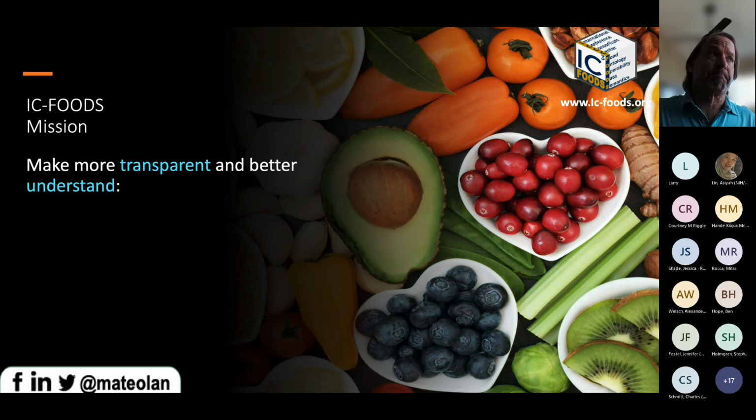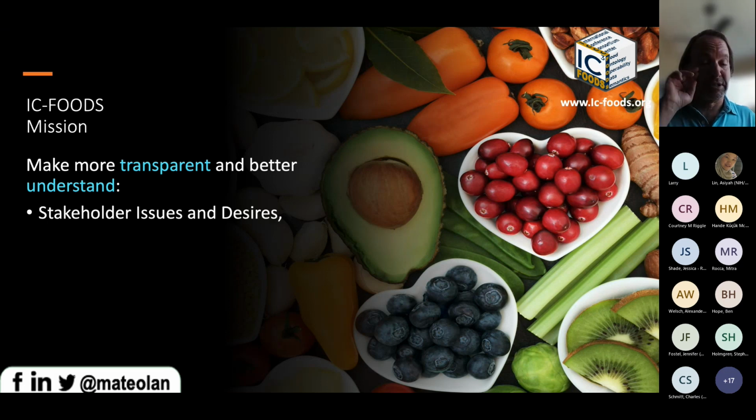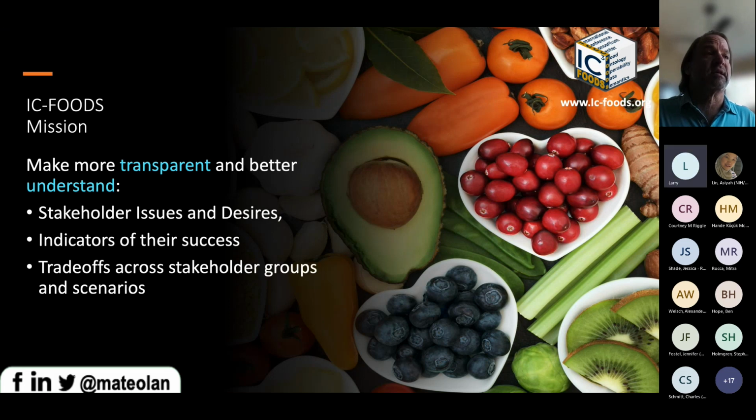We want to make the food system more transparent so that we can understand stakeholder issues and desires, indicators of their success, and trade-offs. This is really important. It's not enough to say we're going to make the production of X commodity more climate friendly if it raises the price of that commodity to a point where people are going hungry.